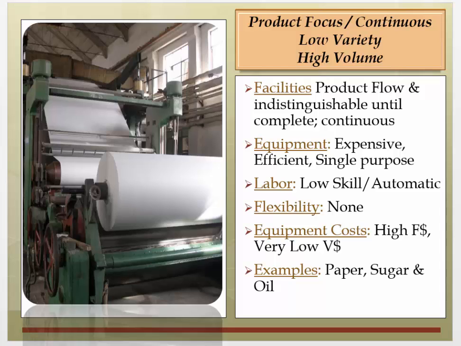Our equipment costs are high, like ridiculously high. And we have very low variable costs to go with our very high fixed costs. And some examples might be paper, sugar, electricity, all of those things. All certainly fall in the continuous focus or product focus. And the big thing to remember here is that the product is flowing through the assembly line.